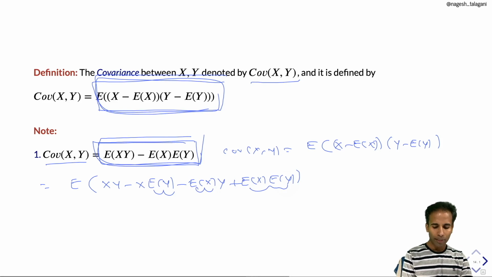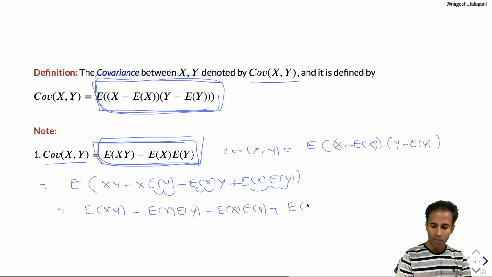By applying the linear property of expectation, I can write expectation xy minus expectation x times expectation y minus expectation x times expectation y, plus expectation x times expectation y, since the expectation of a constant is the constant. Now two of these cancel. Now what do you have?